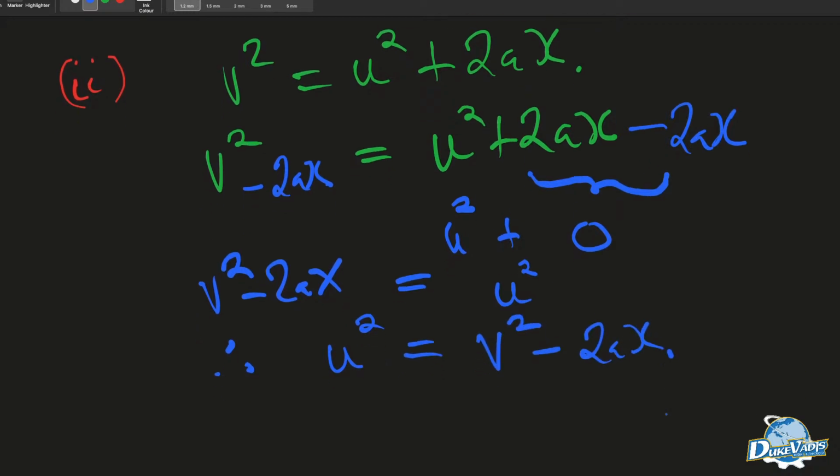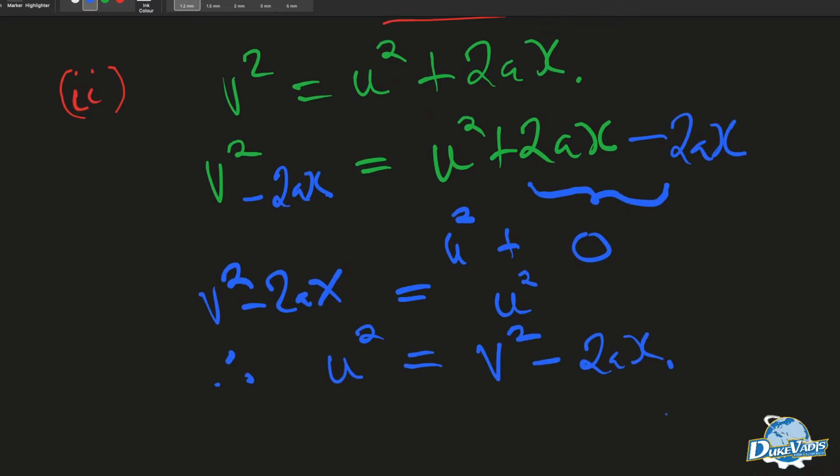We haven't finished. The question asks us specifically to make u the subject, but not the u squared. Remember when we have u squared like that, as we saw the other day, if we want the u to stand alone, since u is carrying a square, we have to halve it.